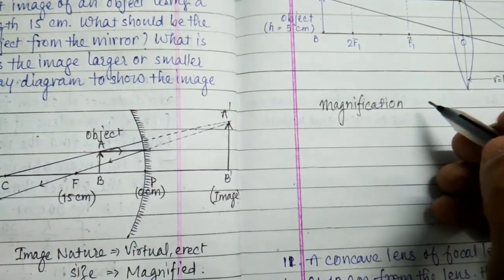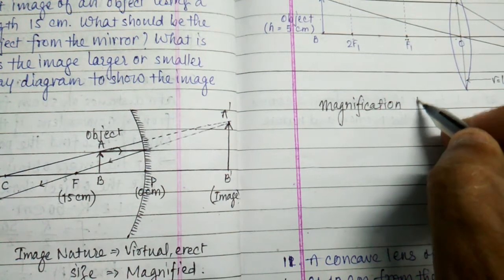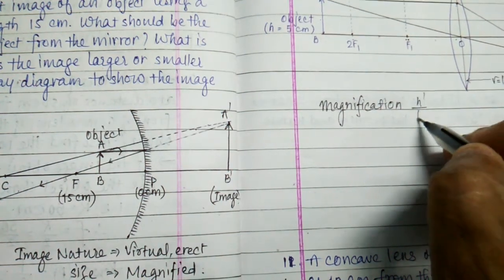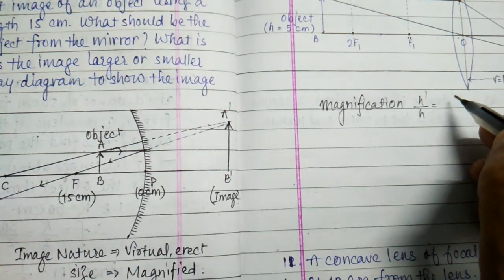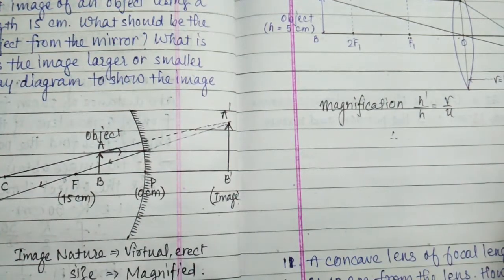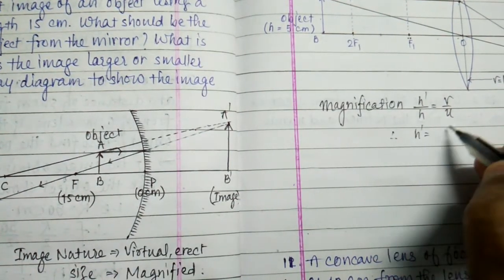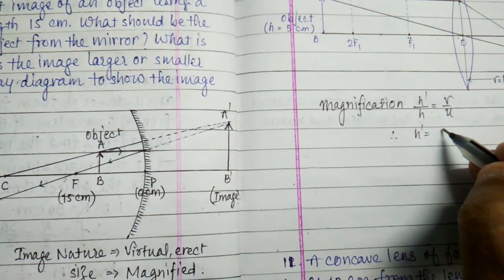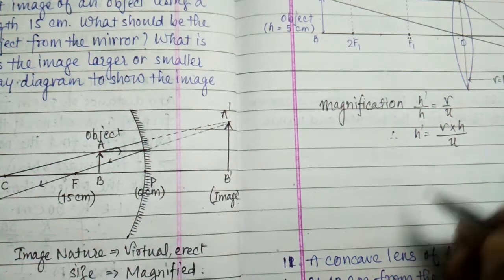Magnification is equal to h dash upon h is equal to v upon u. Height of the image h dash, so v into h upon u.